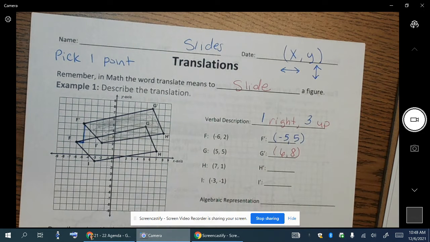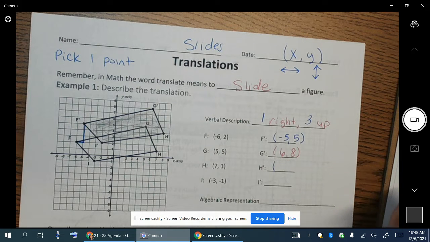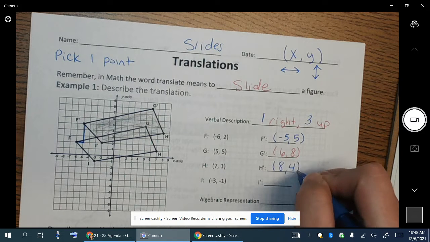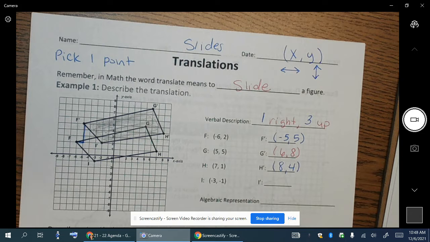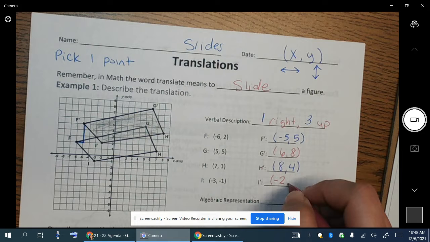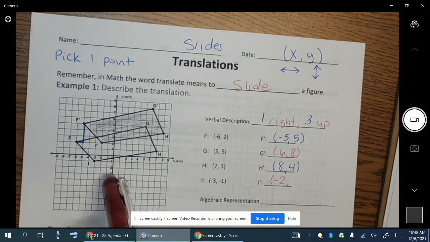This is just practicing finding coordinates. Okay. What is your H prime? 8 and 8, 4. And what's your I prime? -3, -2, +2. Yeah, -3, -2, +2.